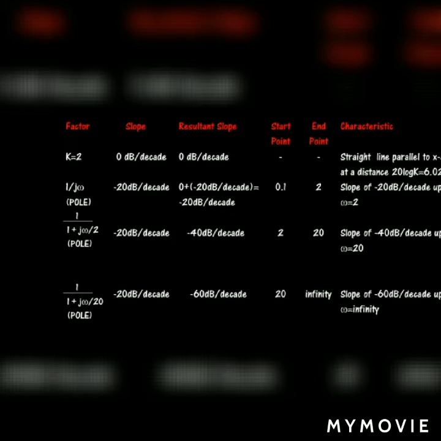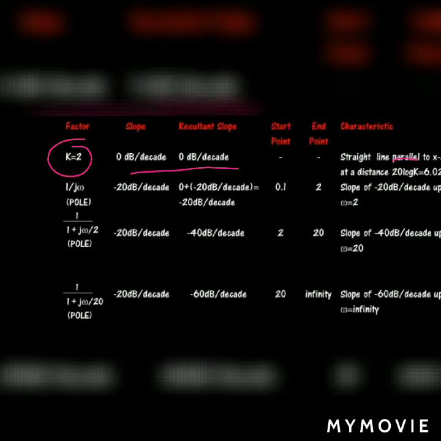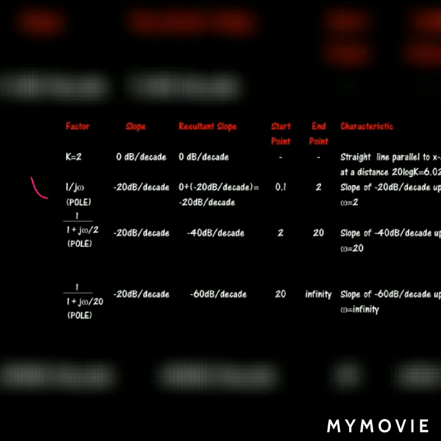Magnitude plot table. First, to identify k is equal to 2, we don't have any slope; 20 log k gives 6 dB, so a straight line parallel to the x axis. This is the first step. The second is 1 by j omega, that is a simple pole.